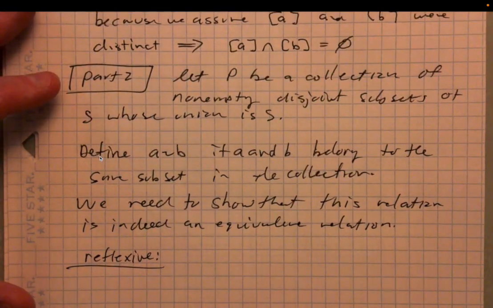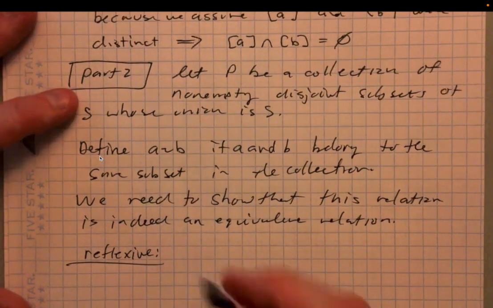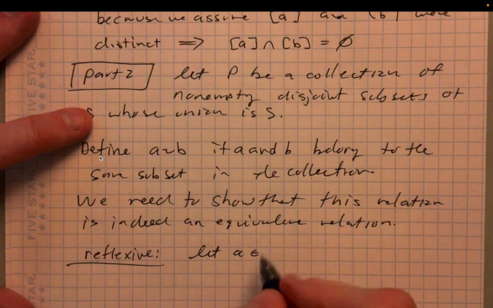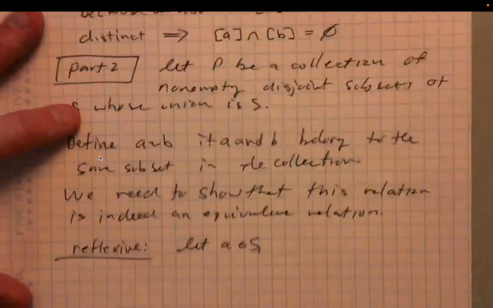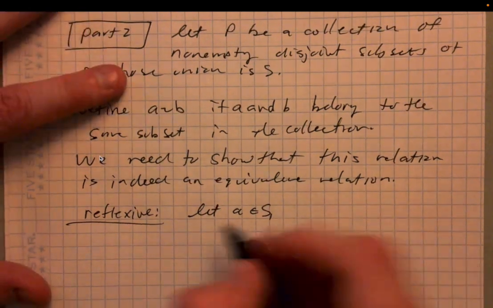Okay, so we're going to let A be in S. Well, we'll let A be in some subset. We'll call it S1. Okay, so S1 is some subset of S, part of the partition. It's one of the sets in the partition. So we'll let A be in this subset.